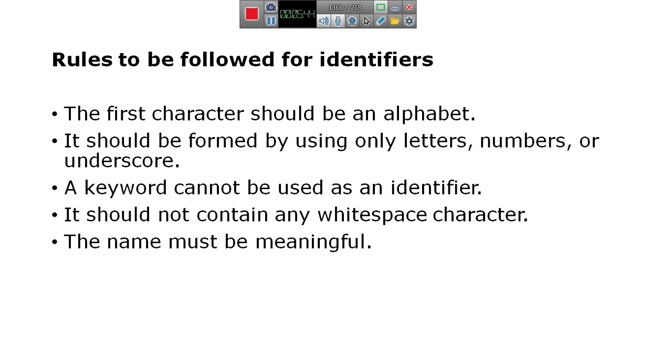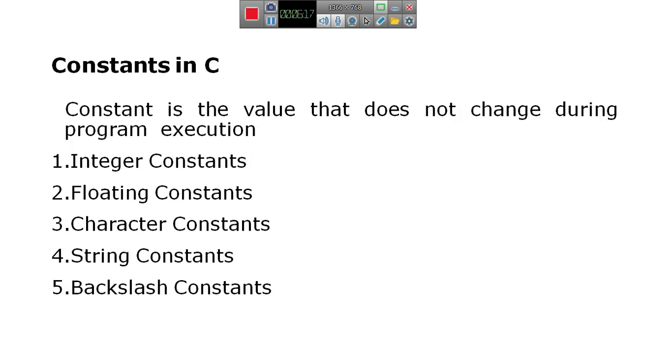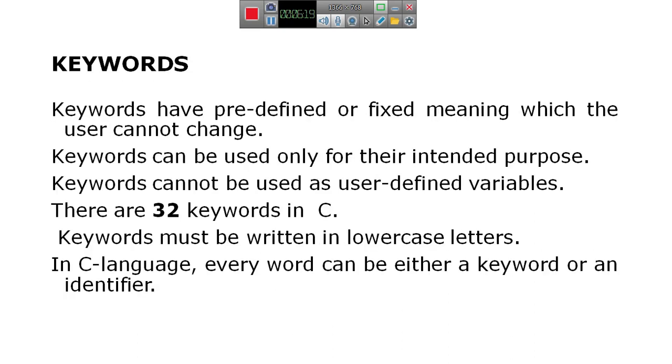It should not contain any white space characters. The name must be meaningful. The length of the identifier name should not exceed 16 to 32 characters, depending upon the compiler. And these are the different types of constants.